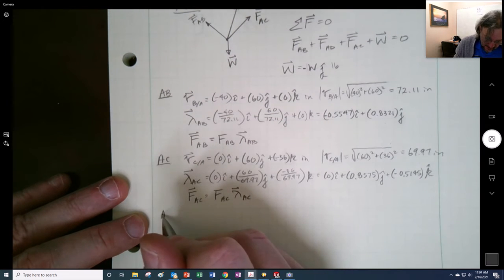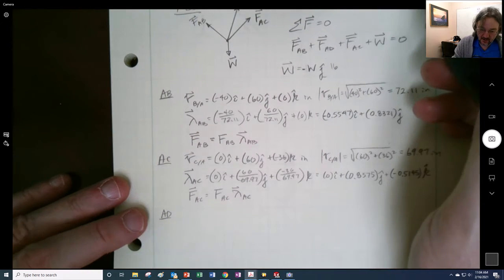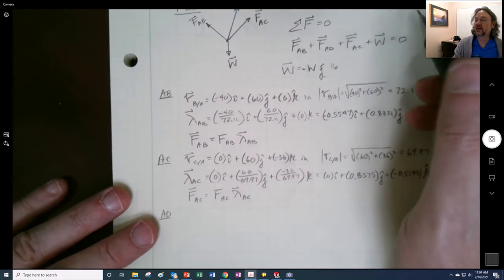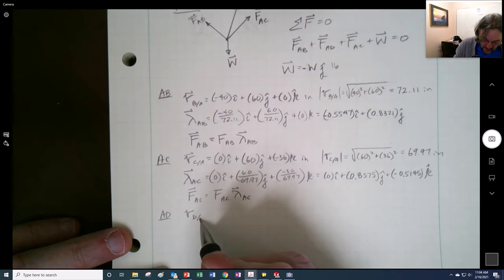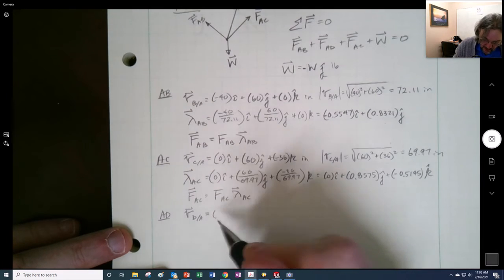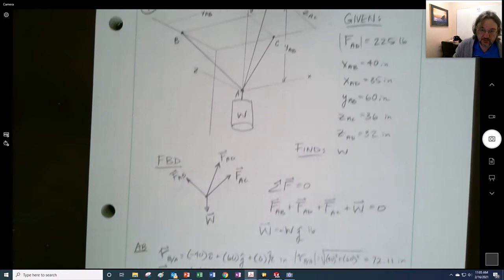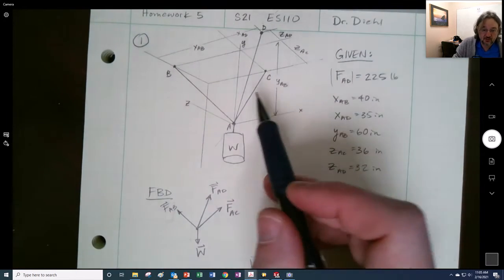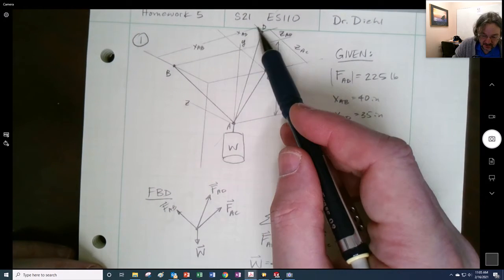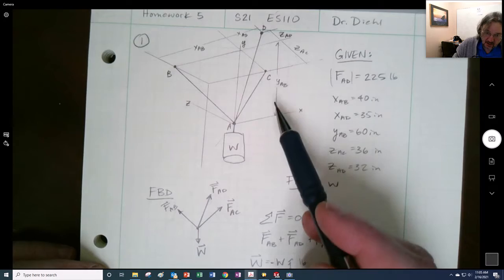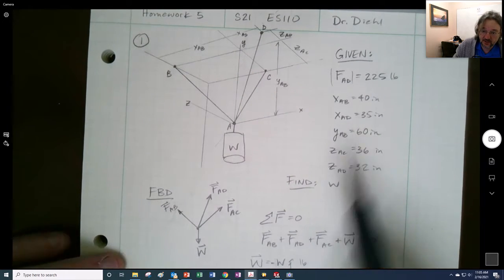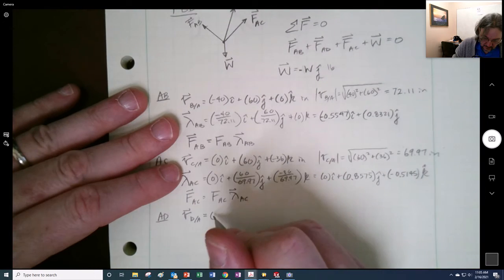And then lastly, we have AD, and we actually have the value for AD, so we can come up with numbers as part of this. So we have RD with respect to A, and it's going to be equal to, let's take a look. Well, it looks like we are going this direction here, and that's positive, so this is ahead of the thing, so it's going to be 35 inches.